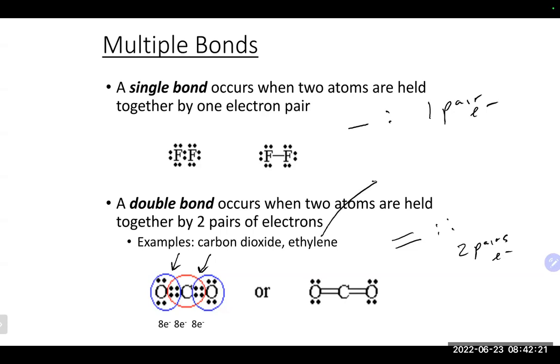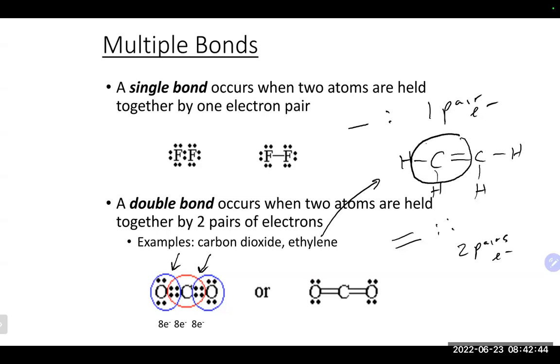Ethylene is this guy here, and in this particular case, the carbon, by making the double bond with its other carbon, ends up getting 8 electrons. Again, each line represents 2 electrons, so 2, 4, 6, 8.